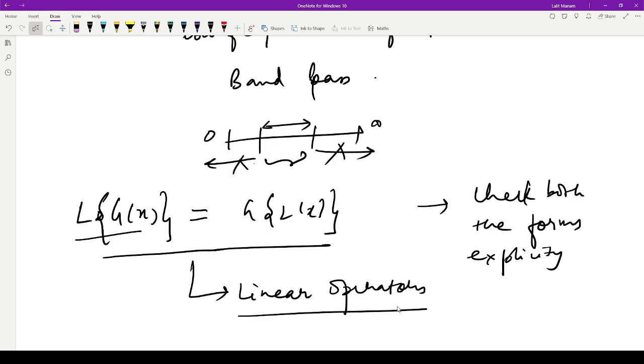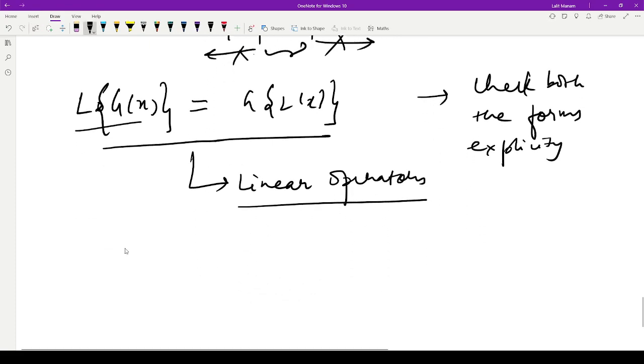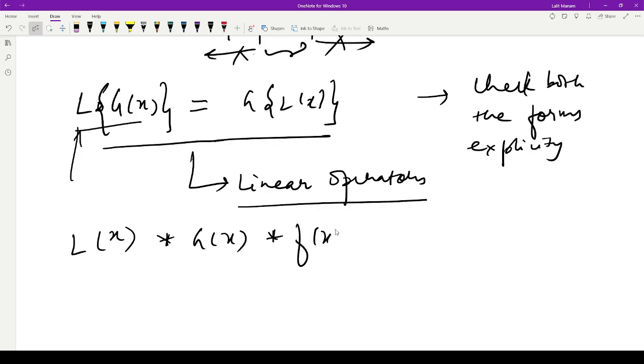So when you do linear operations, okay, I'll give you a hint. If you define the Laplacian as some L of x, and Gaussian as some g of x, ultimately you convolve it with your image f of x.